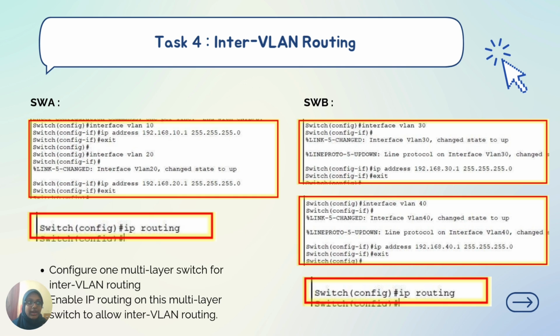On each switch, IP routing is enabled with the ip routing command, allowing the switch to route traffic between VLANs. This setup allows devices in different VLANs to communicate through the multilayer switch, making it function like a router for efficient network segmentation and traffic management.